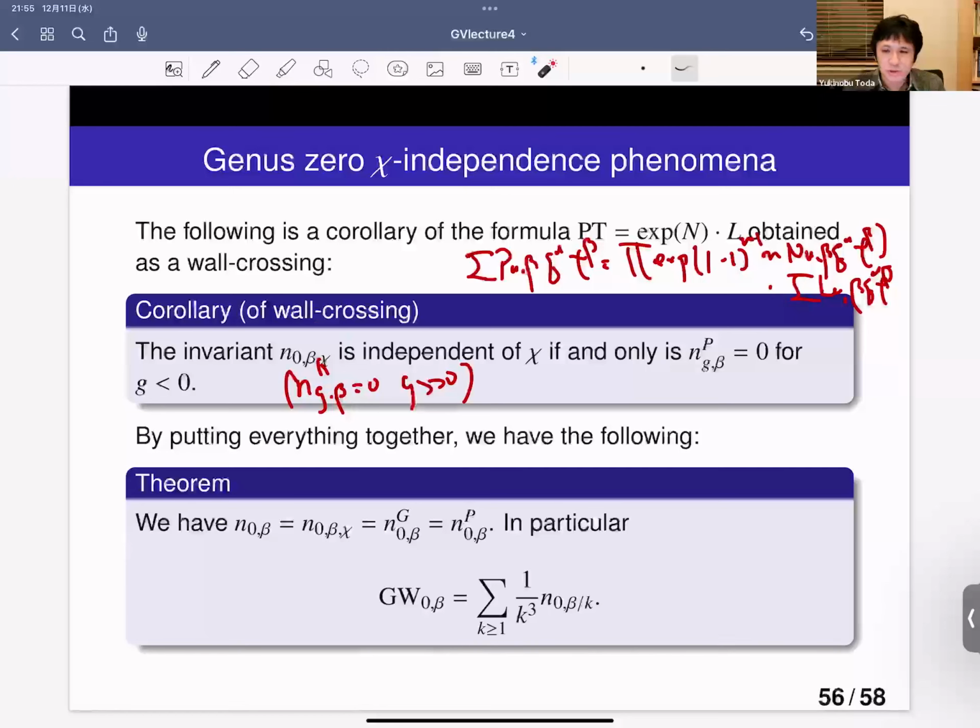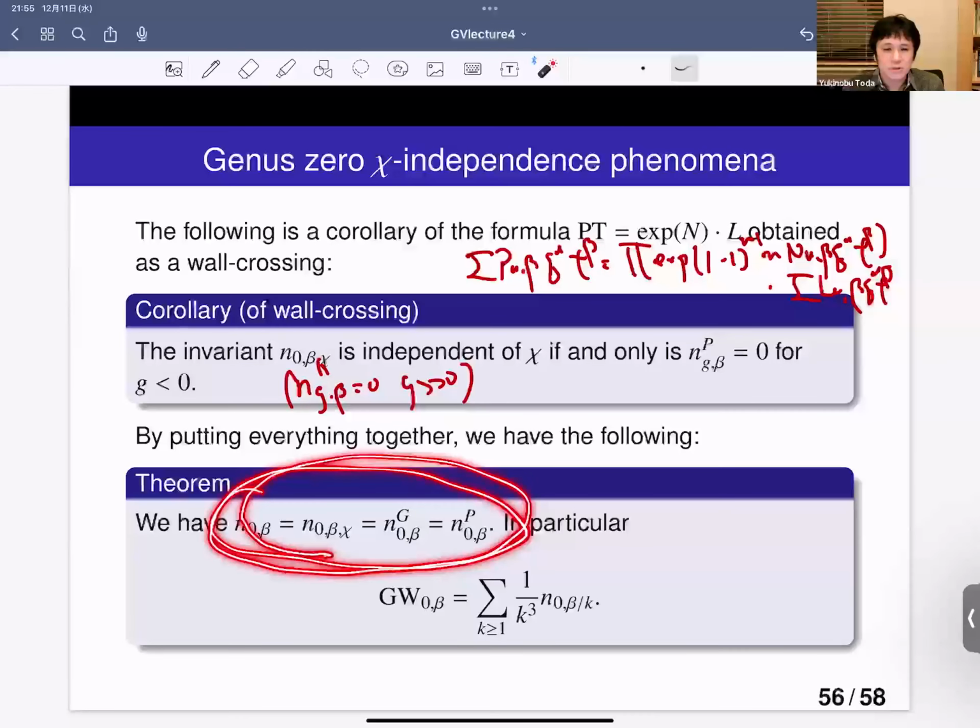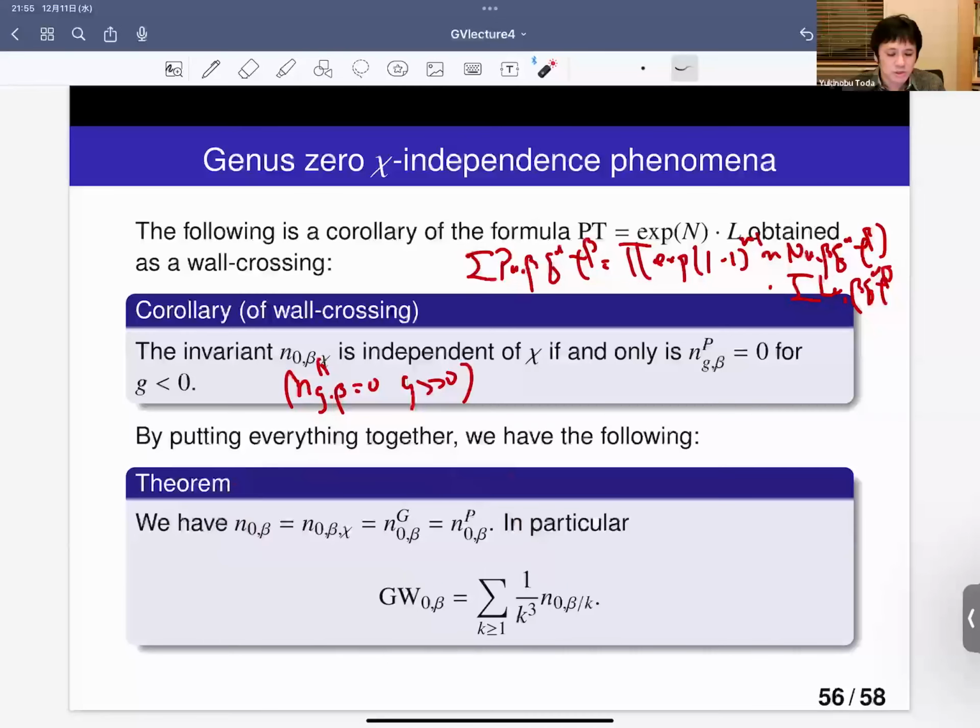So by putting everything together, in genus zero we have a complete picture. That is, we know that all the so-called Gopakumar-Vafa invariants are the same. That is, we have the χ-independence, and they also coincide with the Gopakumar-Vafa invariants defined from Gromov-Witten or PT invariants.